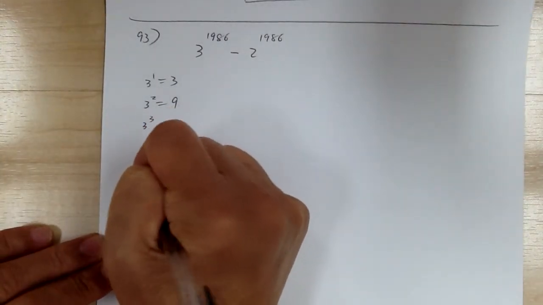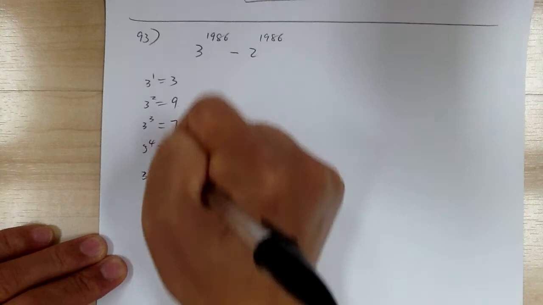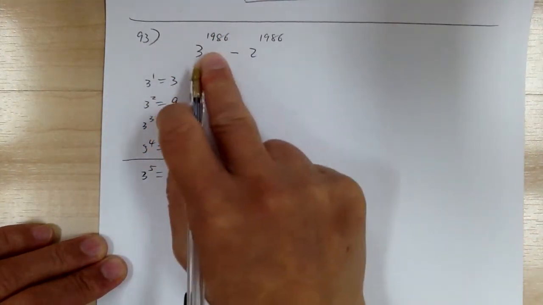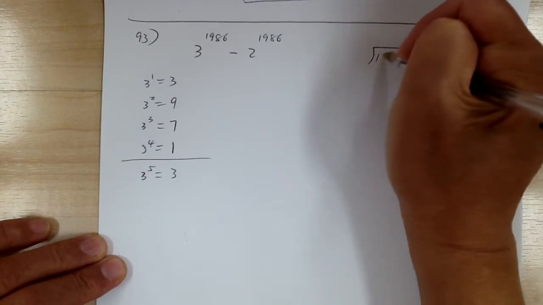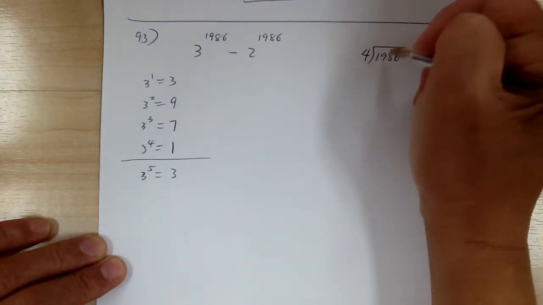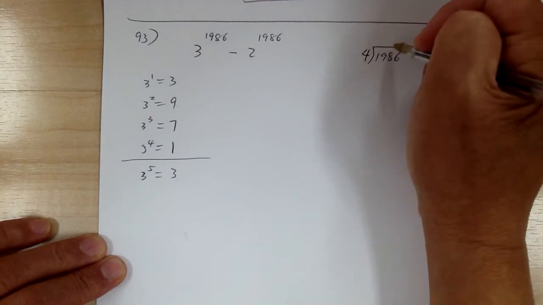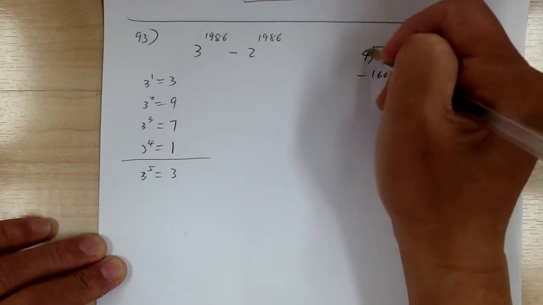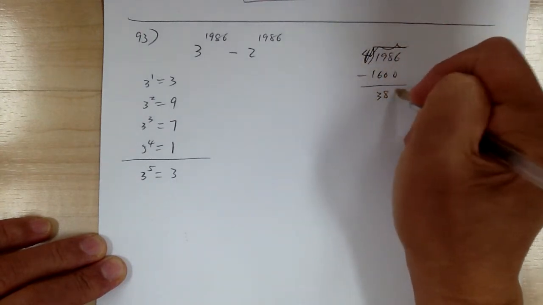Because if you continue, 3 to the 5 equals 3, so you can see that it's a cycle of 4. So you can keep going back in the cycle of 4. So 1986 divided by 4, or you can just keep subtracting multiples of 4. You can do it either way. I'm going to subtract 1600 instead of dividing, so I get 386.